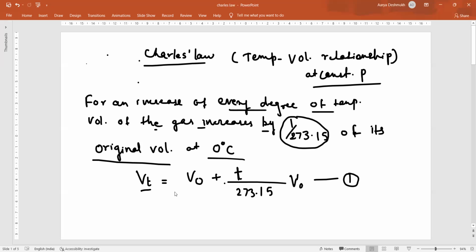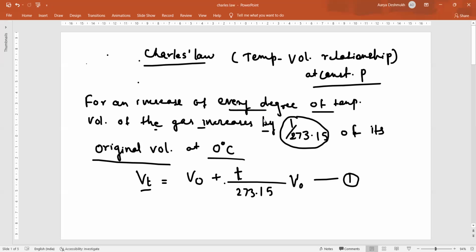And this is the volume at a particular temperature, that is T. So you can denote this as VT. So this is the rise. Why do we have to multiply this quantity by V0? Because for every degree rise of the temperature, this much is the volume that it goes on increasing. And so this much amount you have to add to this original volume. So this will be your equation number 1.